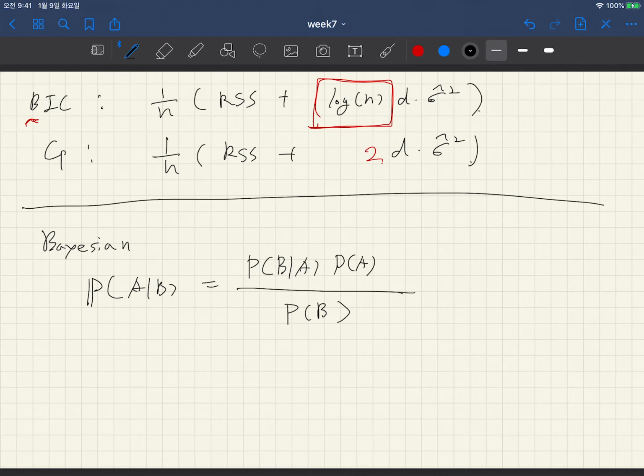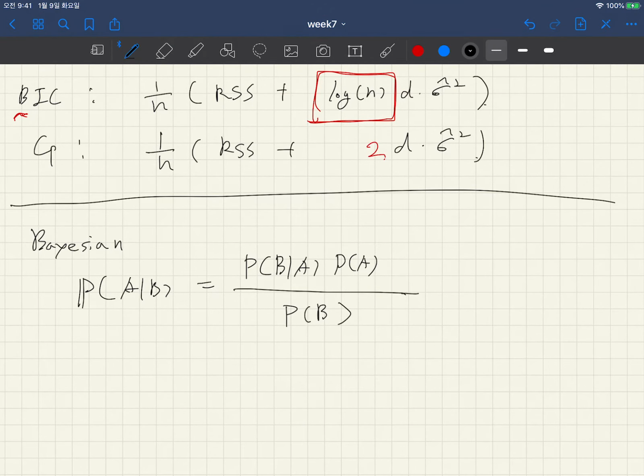Why is this interesting? In the previous likelihood case, we compute the probability of your data points for given parameter and model. But some people are more interested in the probability of your parameter or model for given data points.